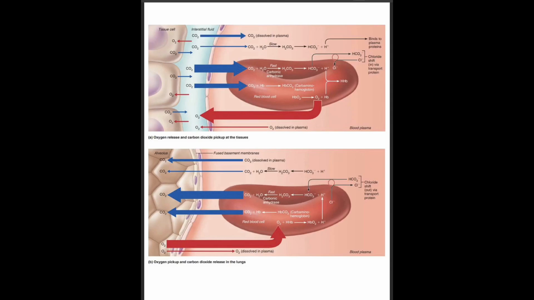In the lungs, the carbon dioxide dissolved in plasma, that is 5% of carbon dioxide transported in dissolved form, is transported into the alveoli. So the level of carbon dioxide in the blood plasma will become very low. To compensate, the carbon dioxide from the carbaminohemoglobin will move into the blood plasma.